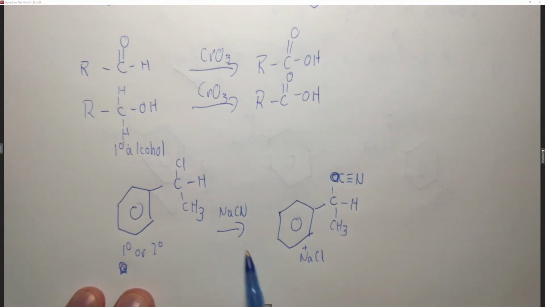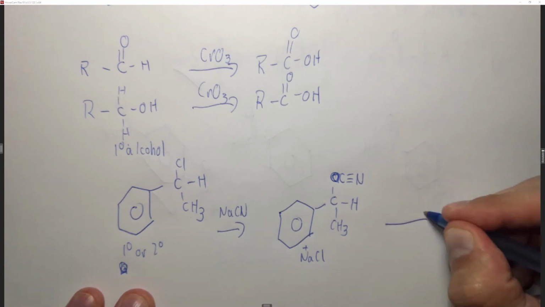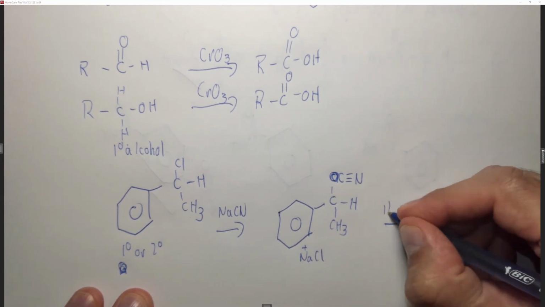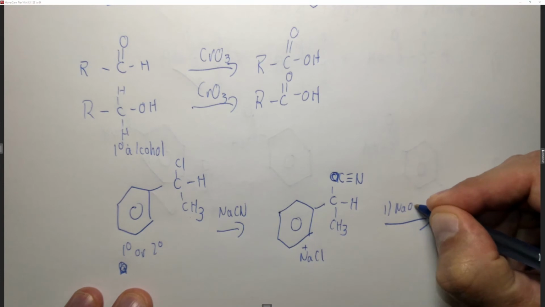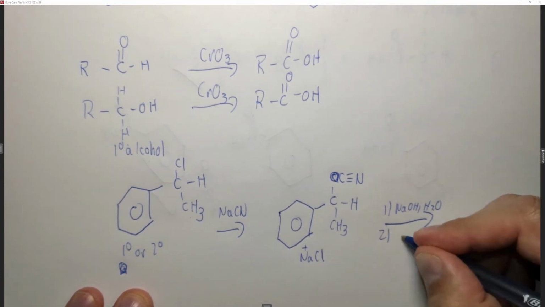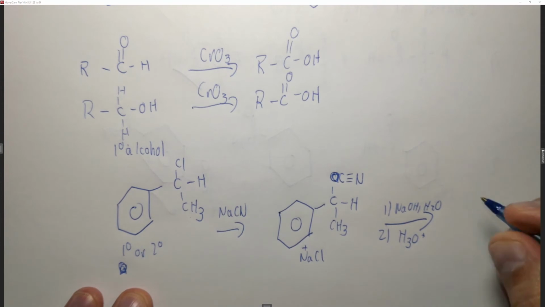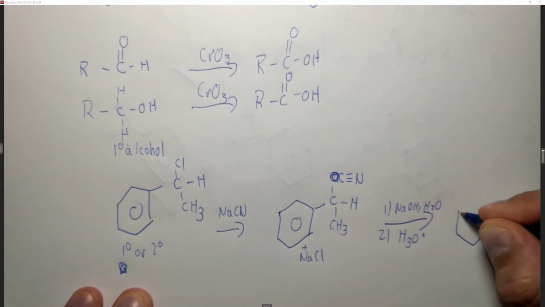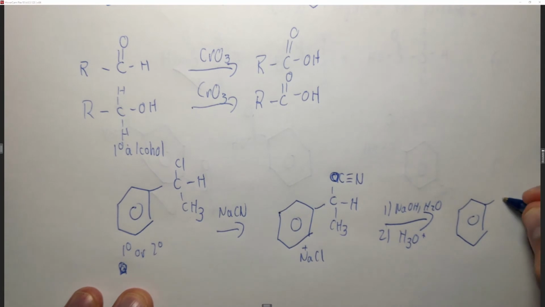Now, if we use this nitrile, we can actually turn this into a carboxylic acid. In a later section of this chapter, we'll cover the mechanism of this. But for right now, if we add NaOH, strong base, and water, followed by acid, H3O+, we can turn this right here into a carboxylic acid.